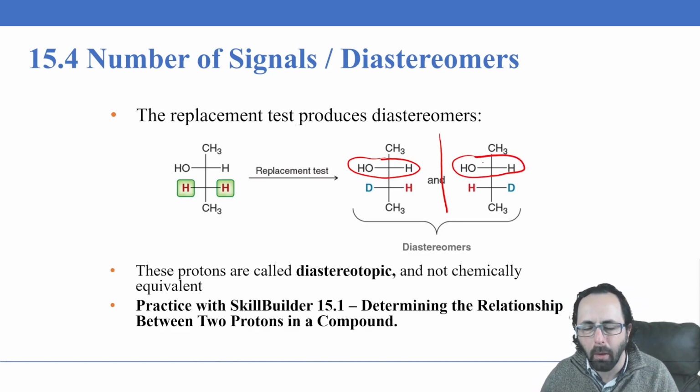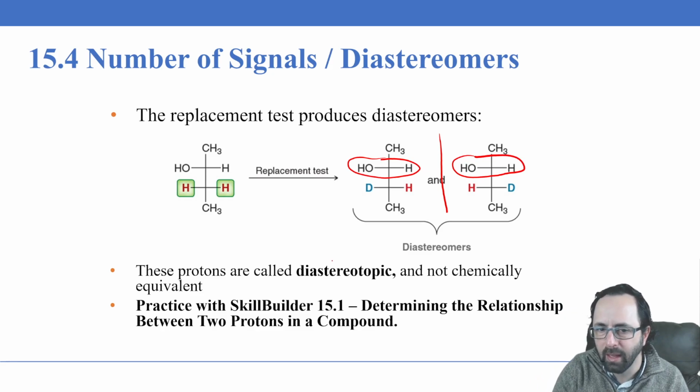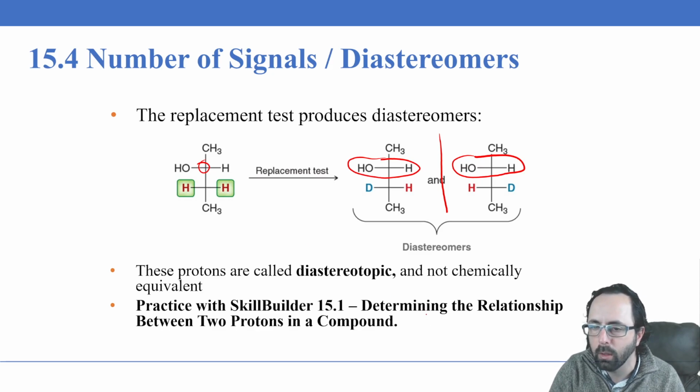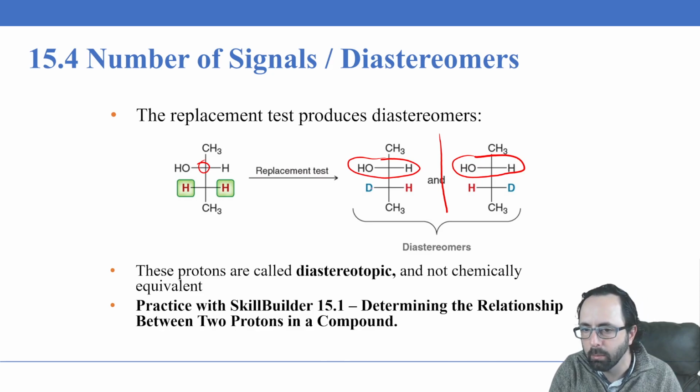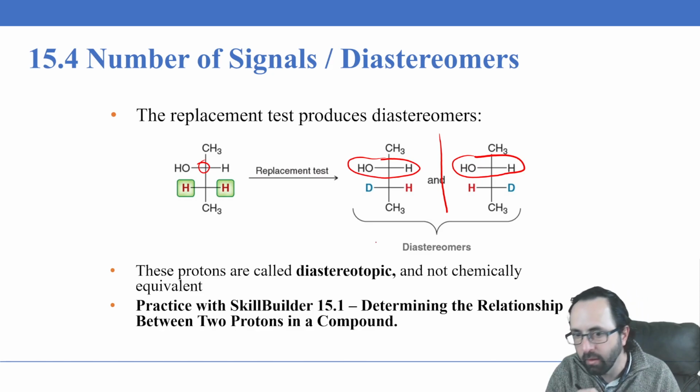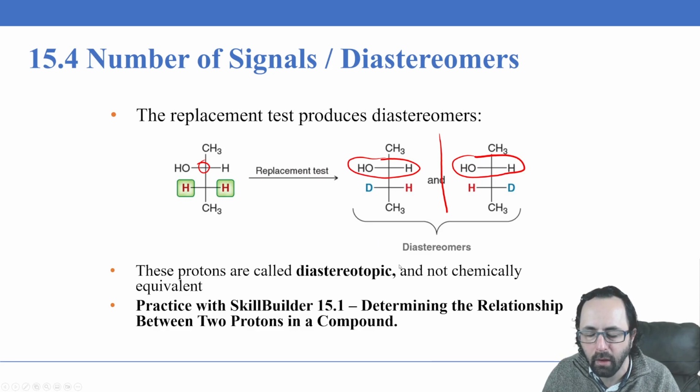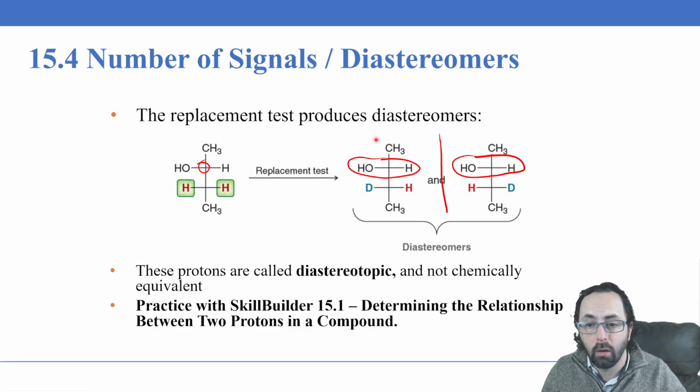The quick way to spot this is if you have a chiral carbon somewhere in the molecule, then the two hydrogens here are not going to produce an enantiomer if you replace them with something else. They're going to produce a diastereomer: two molecules that differ in their 3D arrangement of atoms but are not mirror images of one another.